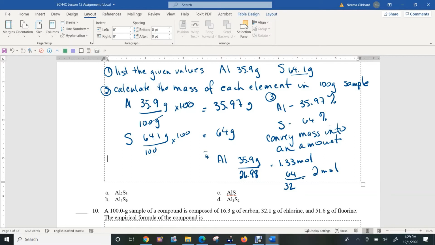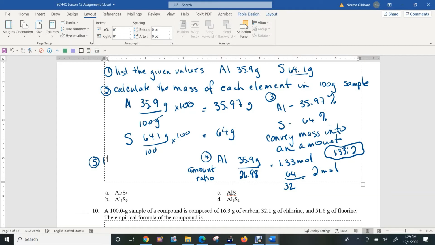So this is step 4. So this is your amount ratio. So we have a 1.33 to a 2. And this is your amount ratio. Now, the next step is over here. I'm running out of room.